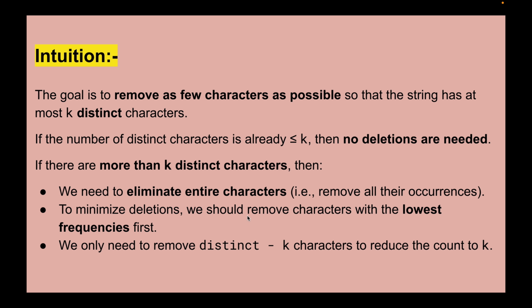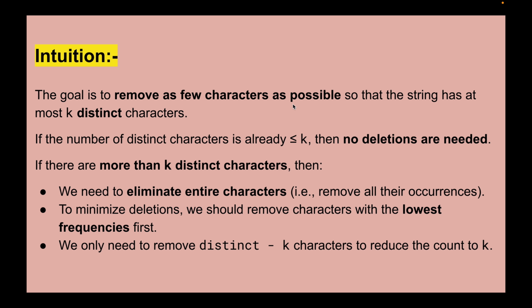Because to minimize the deletions, we remove the characters with the lowest frequency first. This is a classic greedy strategy where we remove the cheapest characters to meet our goal. The goal is to remove as few characters as possible, so that the string has at most k distinct characters.